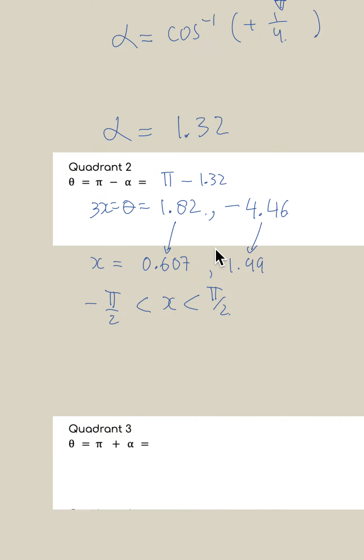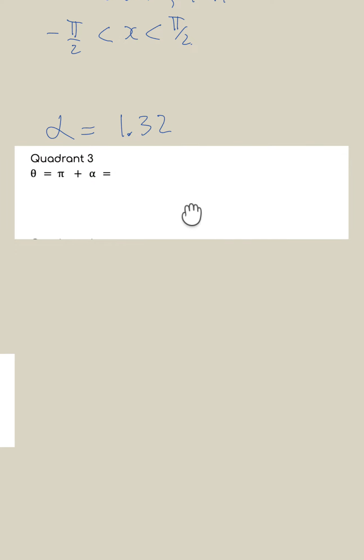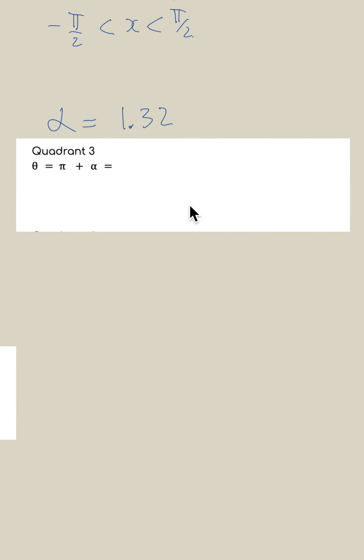So we have two answers from quadrant 2. How about quadrant 3? We need to calculate that also.